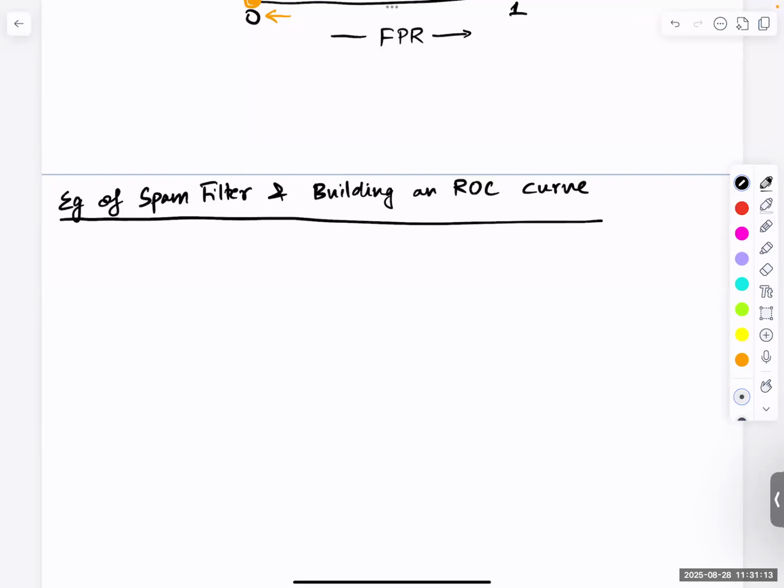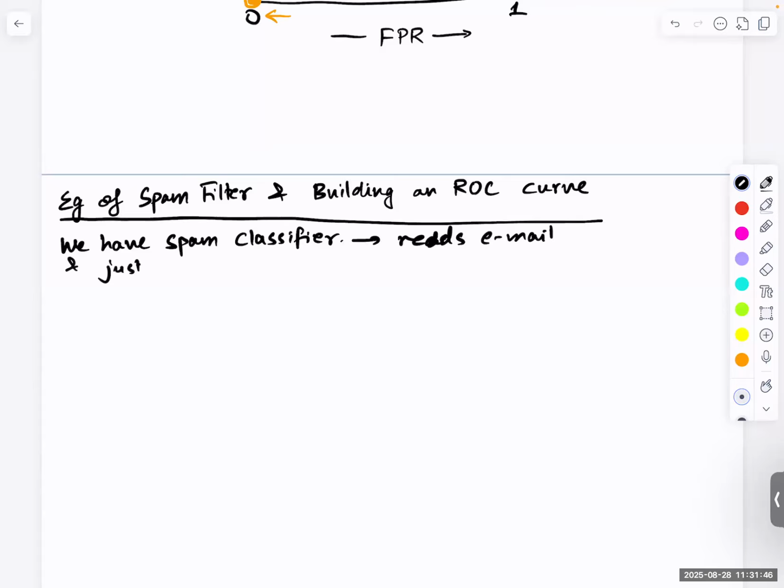Suppose we take a batch of 100 emails. Suppose we have a spam classifier, and let's say the spam classifier works as follows: it reads your email and just counts suspicious words.